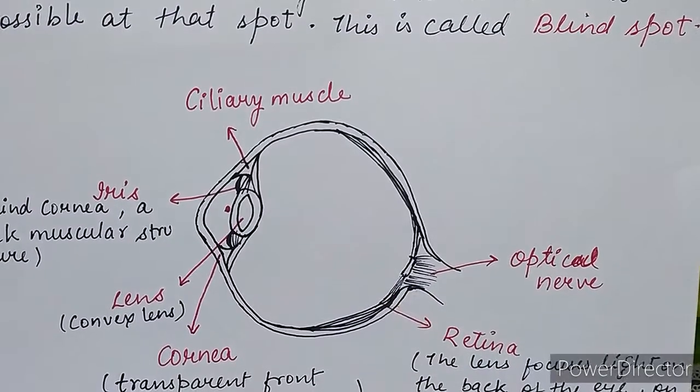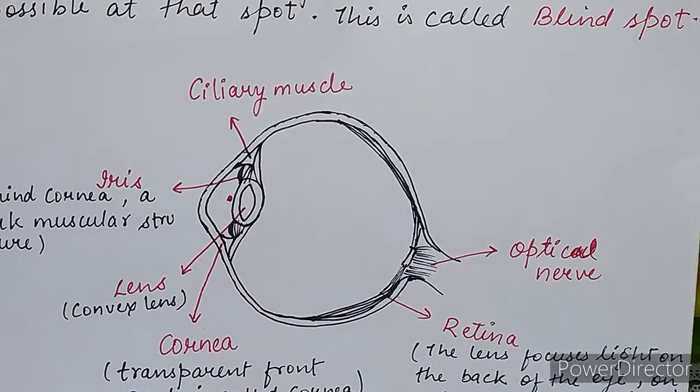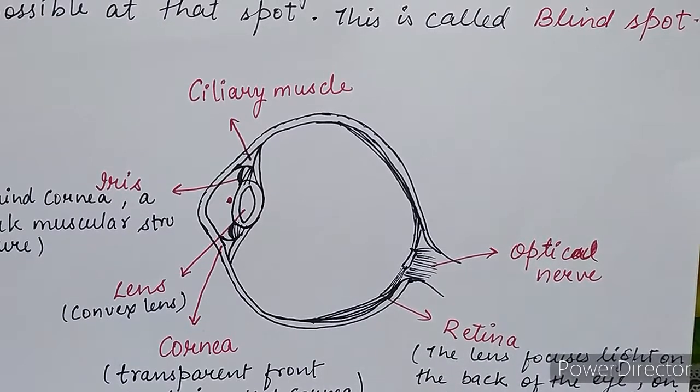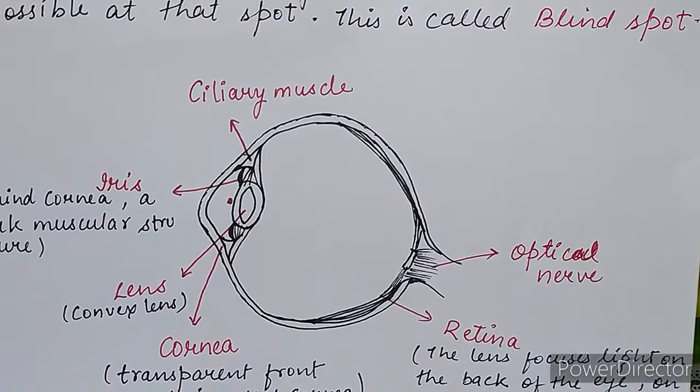Now we will understand the blind spot through an activity, to see how it happens in our eyes, that we are not able to see an object even when it is present in front of us. So let us start the activity. On your screen is a dot on the left and a plus sign on the right with a yellow background color.